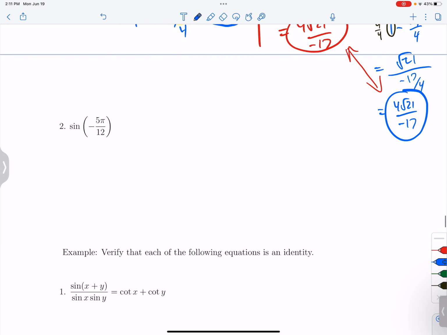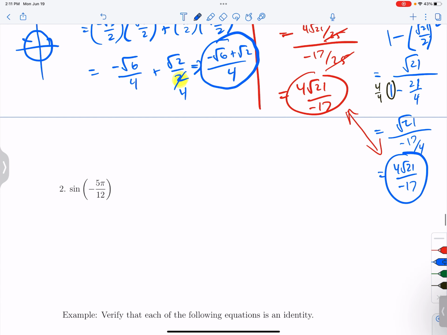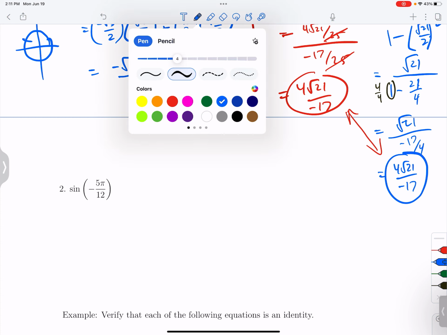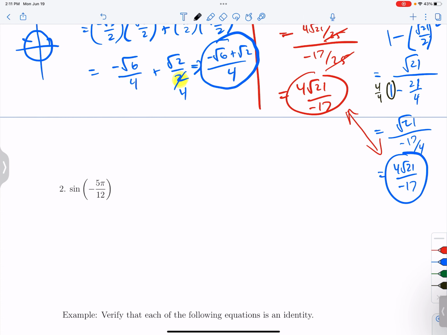Next, we have sine of negative 5 pi over 12. This is also a sum or difference question. We can come up with 2 angles that add or subtract to this. Let's see.